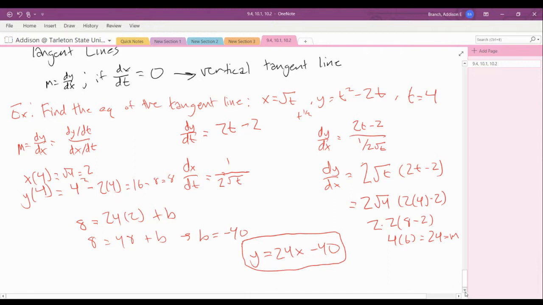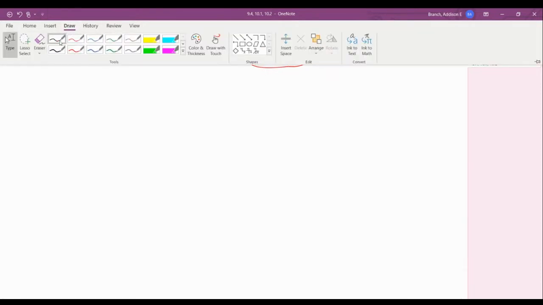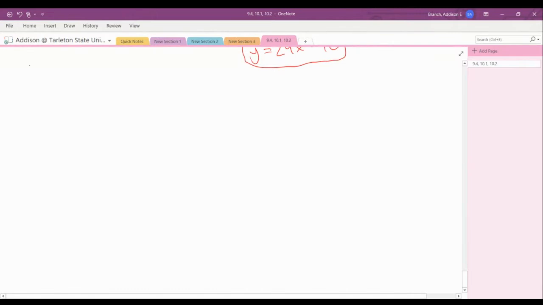Another thing we can do with our parametric derivatives, of course, is concavity. We have solved our first derivative, but now we need to take the derivative again.